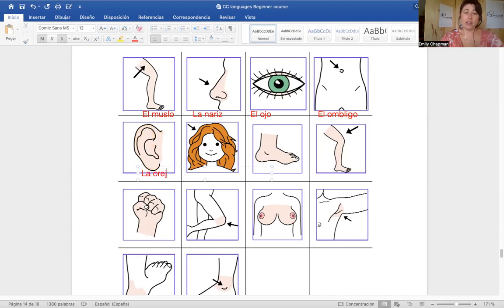La oreja, external part of the ear, inner ear, el oído. Then we have el pelo, which can also be called in Spanish el cabello. It's the same thing, just that sometimes if you go into the pharmacy to buy a certain type of shampoo for whatever reason, the more formal way is el cabello.